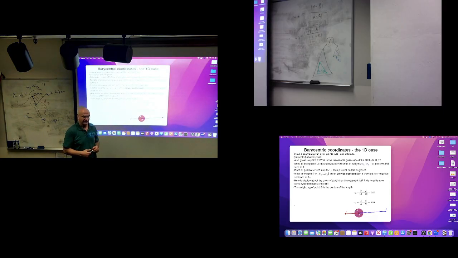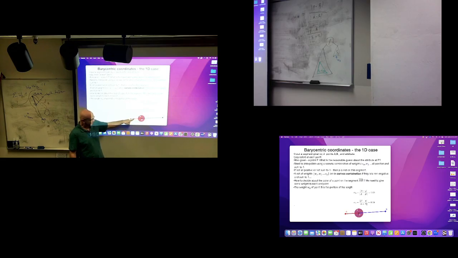Are they a convex combination? If P is between A and B, then yes, they are each positive, because this is shorter than this. And what does it tell me? The sum of both of them is exactly 1, because it's this divided by the whole thing, and this divided by the whole thing. What happened to P as I'm moving P closer to A?